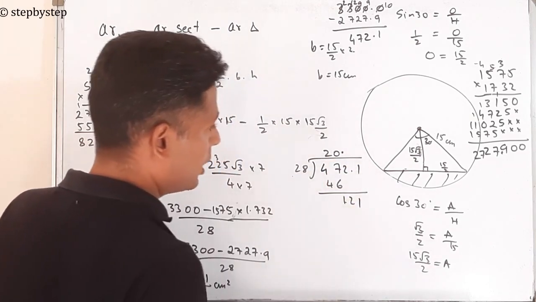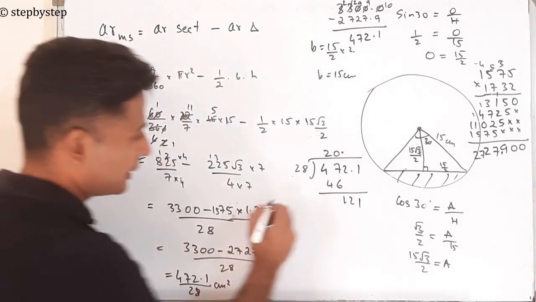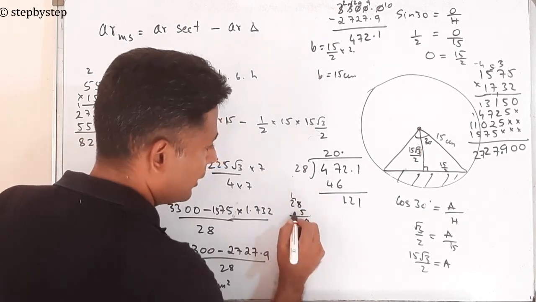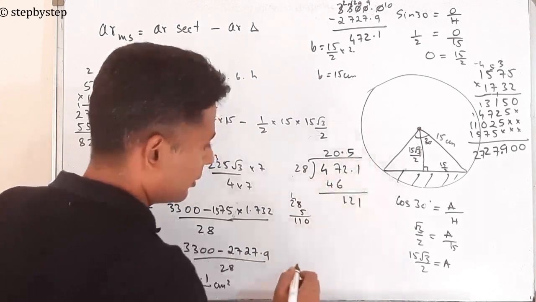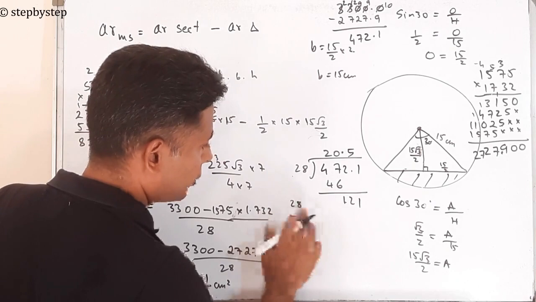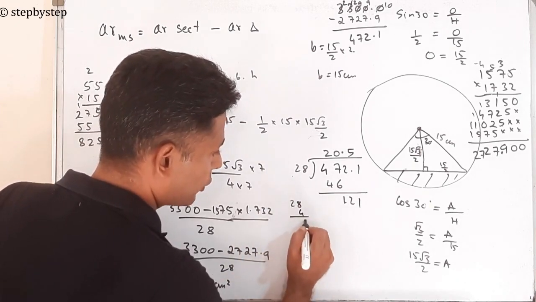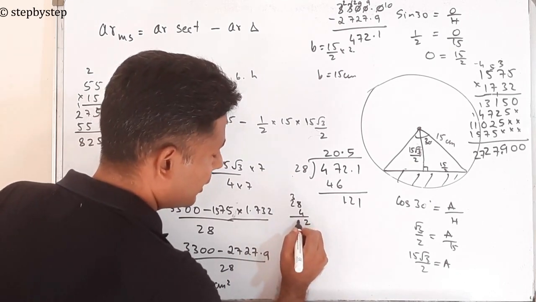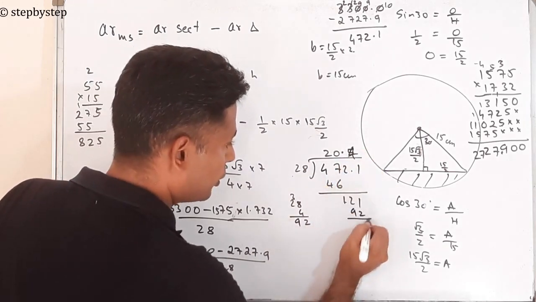So 1 will also come down. 28 into 5 is 140. Oh, sorry, it's more than that. So 28 into 5 is 140. 28 into 4, 8 4s are 32, 3, 4 2s are 8 plus 3, 92.